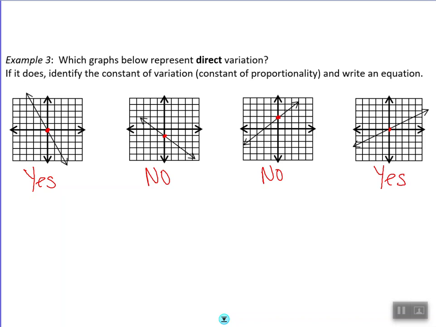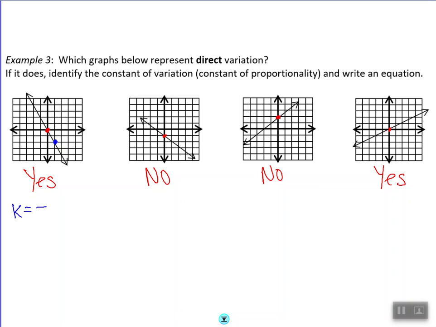So now for the first and the fourth graph, we need to figure out what k is. To do that, we need to find the slope of the line, and that will give us k. So I need a second point on the line. If you think back to what we did earlier in the year, this line is decreasing, so we know that our slope is going to be a negative number.